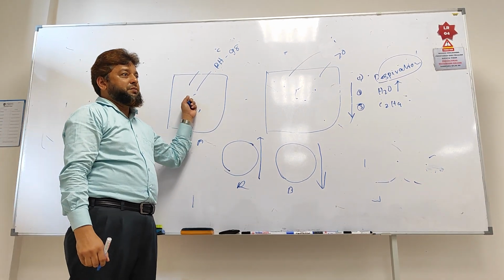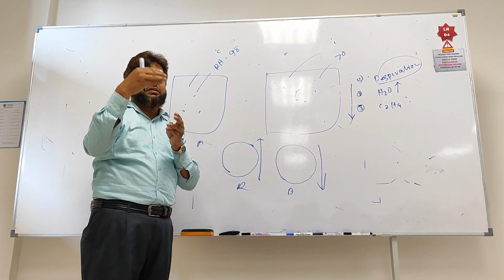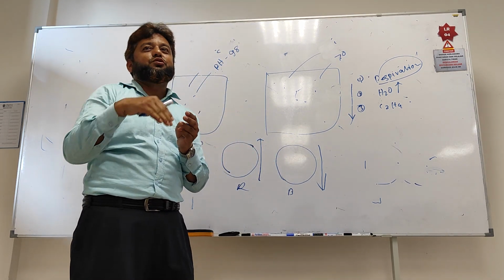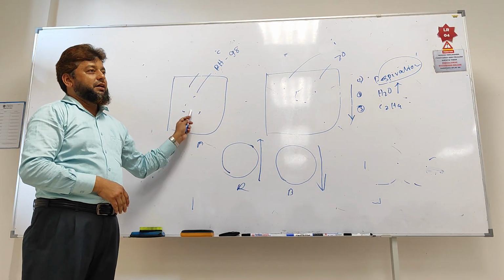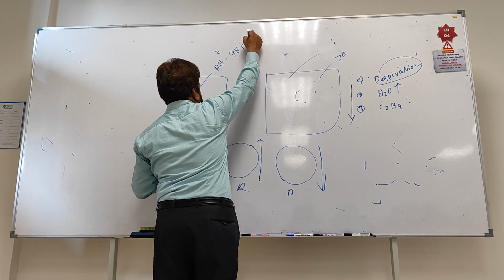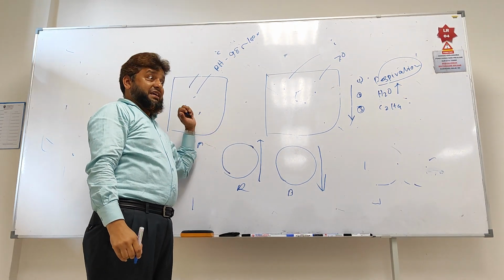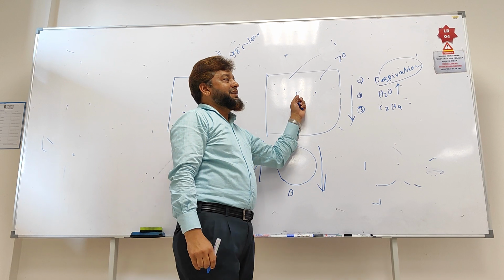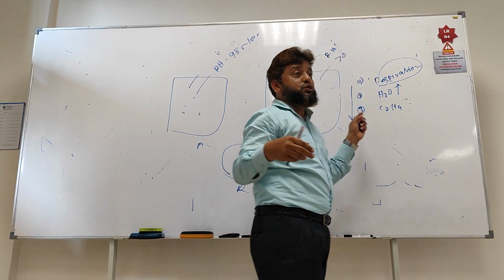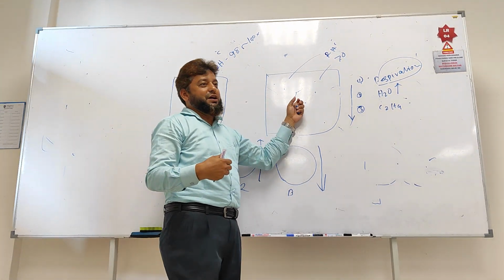Now can you tell me, will the two types of fruit take the same time to be ripened, or will one take more time and the other less time? In this house the relative humidity is very high, around 98 to 100%, and here the RH is around 70%. So can you tell me, will this house or this house take less time to be ripened?